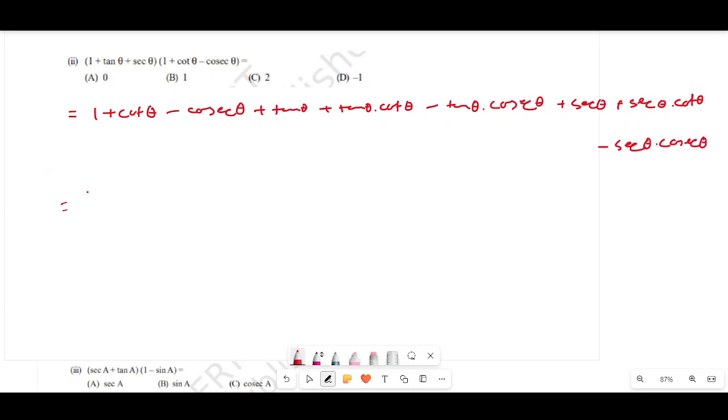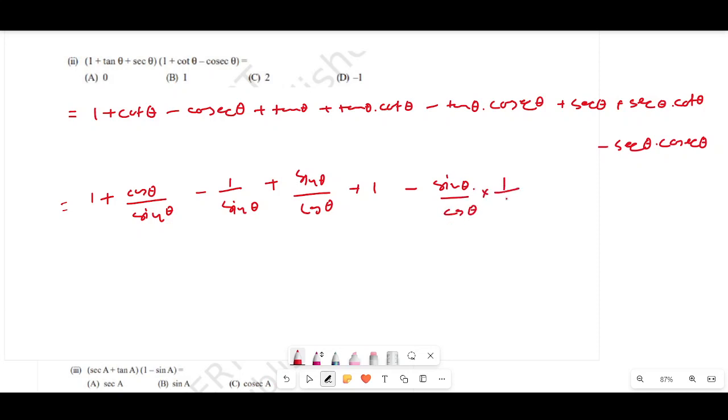Now first, to simplify this, we can write cot theta as cos theta upon sin theta, and cosec theta as 1 upon sin theta, then sin theta upon cos theta, and sec theta is 1 by cos theta.